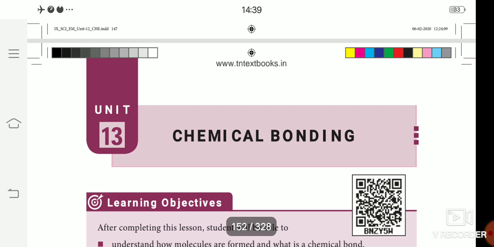Ionic compounds undergo instantaneous reactions, which are immediate reactions. For example, sodium chloride added to water dissolves, and the reaction is immediate, so it is called an instantaneous reaction.